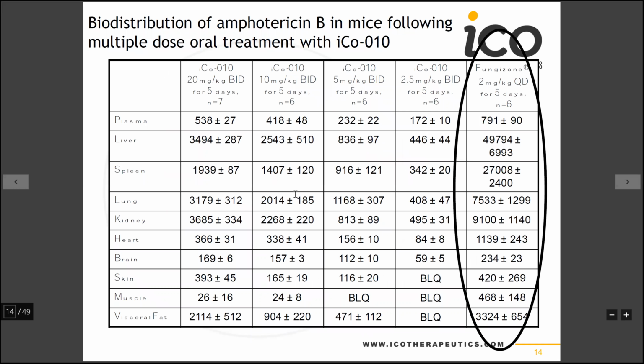And what was really important is the biodistribution of Amphotericin B in mice following multiple dose treatment with our oral formulation. And what people don't appreciate is AMP-B has some very unusual pharmacokinetics. It is not about plasma levels or Cmax levels. So many drugs, you correlate Cmax or plasma levels to efficacy.